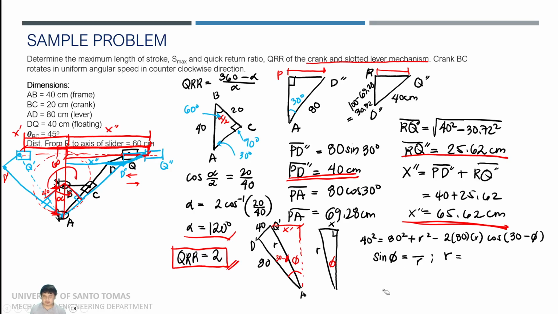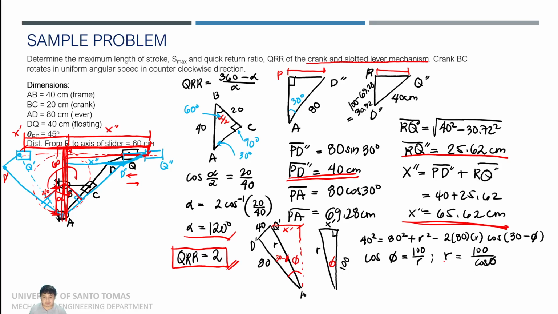Sorry, actually we should use cosine instead, since we also know this length right here, which is 60 plus 40, so this is 100. So cosine phi is equal to 100 over r. So r is equal to 100 over cosine phi.